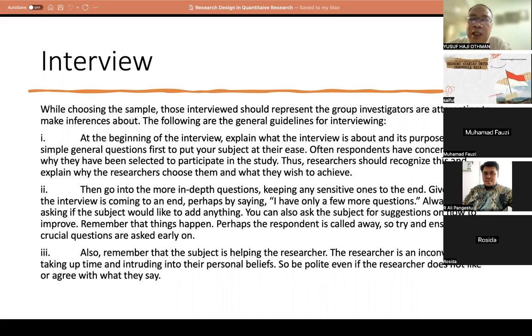So researchers should recognize this and explain why they chose them and what the researchers wish to achieve. Then go to more in-depth questions. Ask follow-up questions, and don't ask sensitive questions.